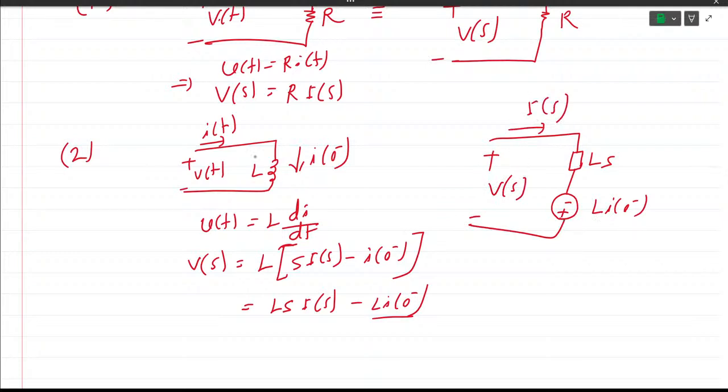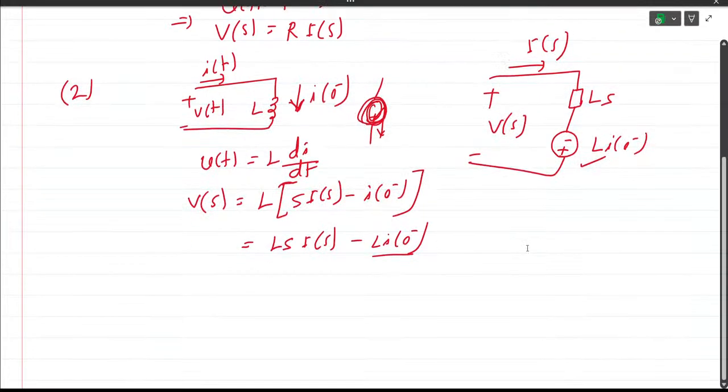See the direction of the initial current. This current direction will be the same if the voltage is positive here, negative there, and the current flows from the positive terminal to the negative terminal. So this is the aid to remember, right?